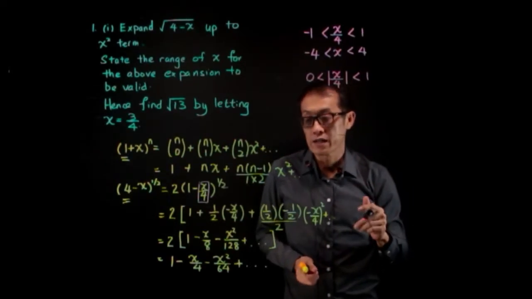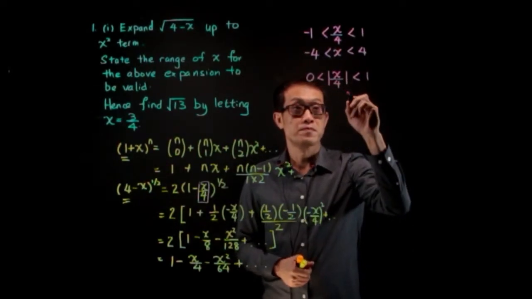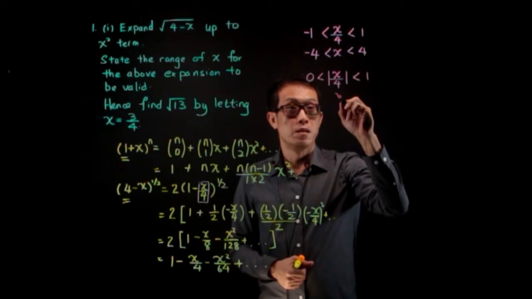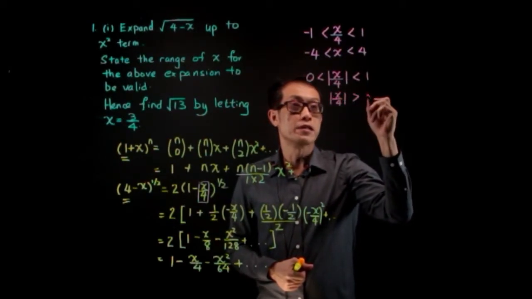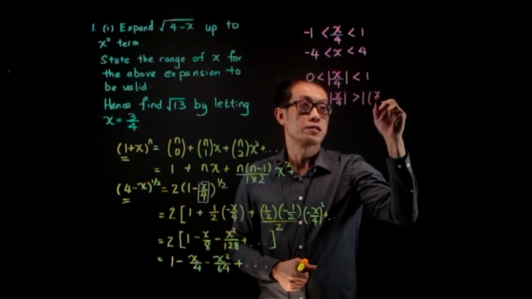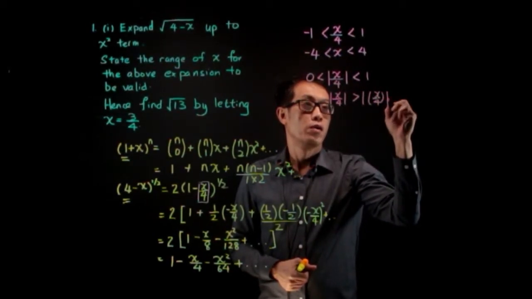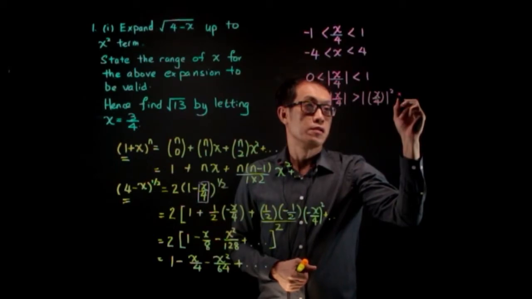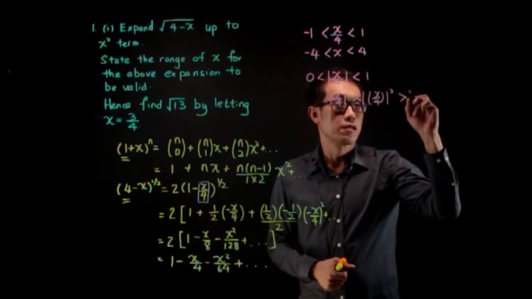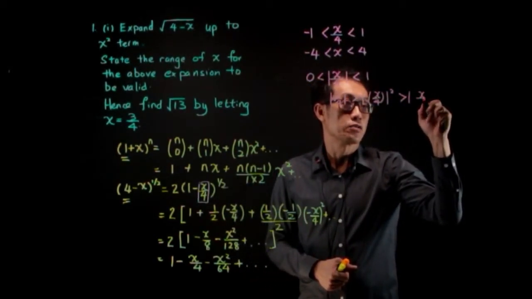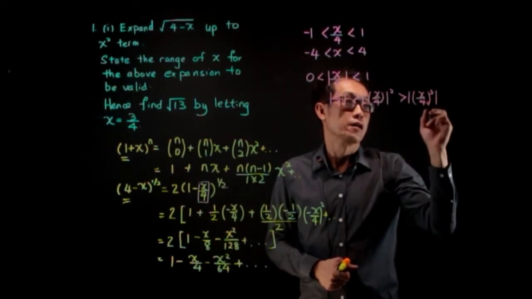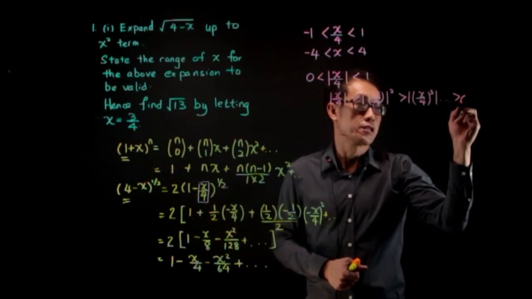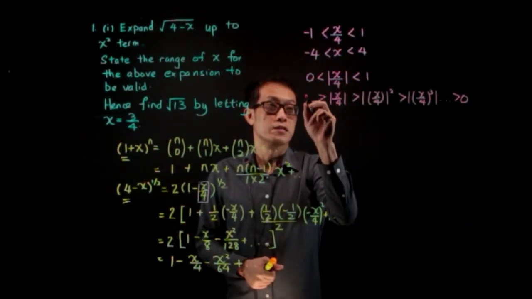Now you will find that mod x over 4 will be greater than mod x over 4 squared, and this is greater than mod x over 4 cubed, or I can put the power inside, doesn't matter, and so on and so forth, but greater than 0.